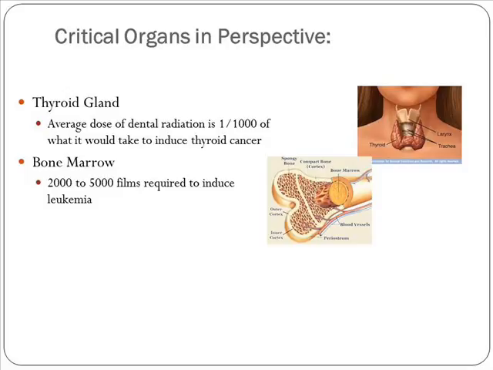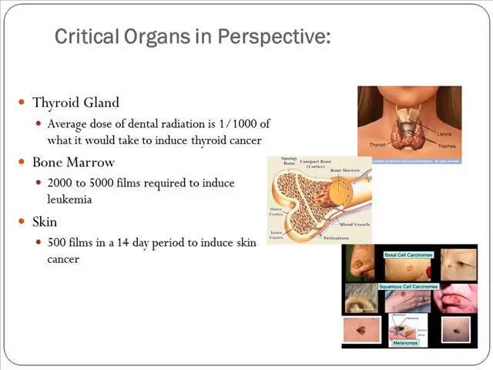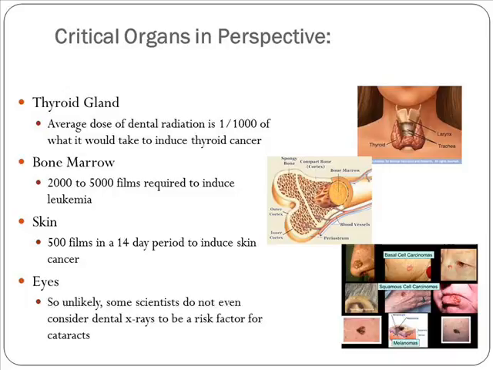Bone marrow: it would take 2,000 to 5,000 films to induce leukemia. And skin: 500 films in a 14-day period to induce skin cancer. And the eyes: some scientists are not even considering damage to the eyes from dental x-rays because they get so little of a dose that it's minuscule.